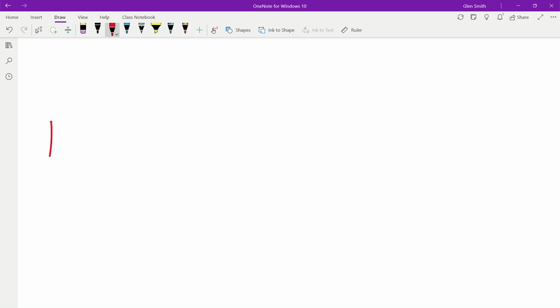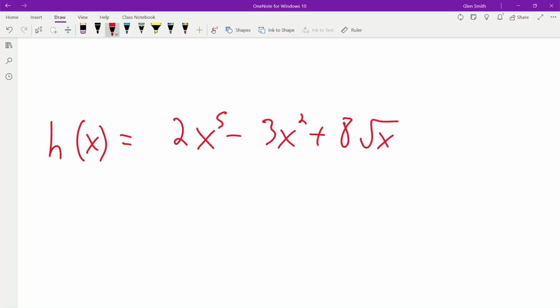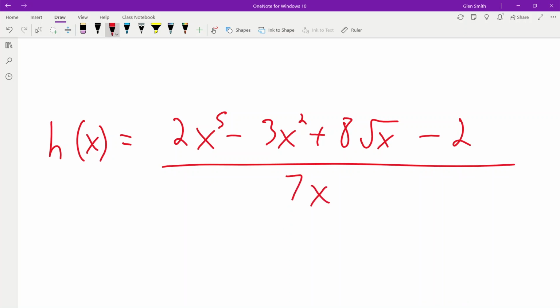Boom. It's very, very similar, but it involves division. Let's say we had 2x to the 5th minus 3x squared plus 8 root x minus 2, all over, I don't know, what do you like? 7x squared. Can we handle that? That looks complicated. But just like multiplication distributes, division distributes.